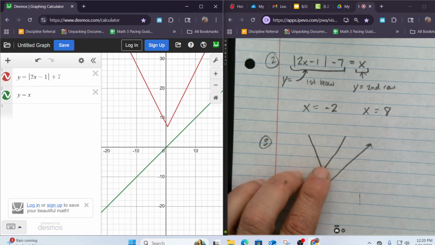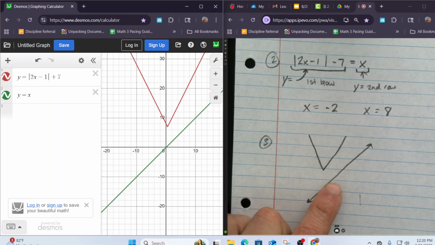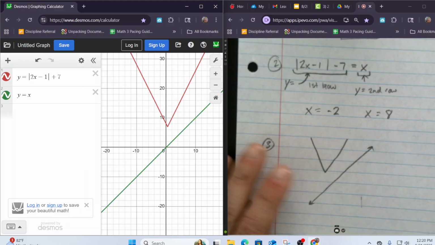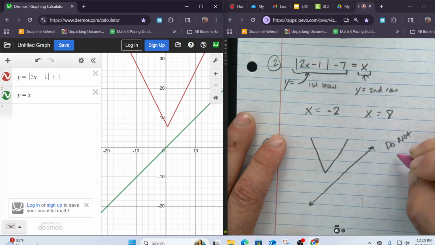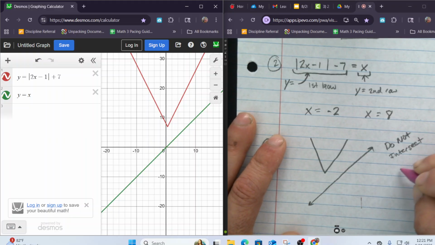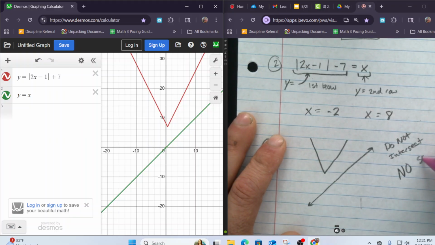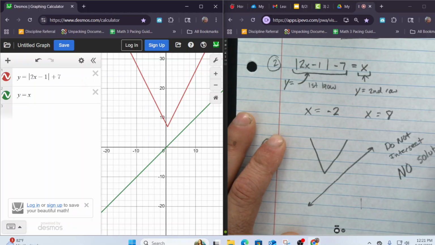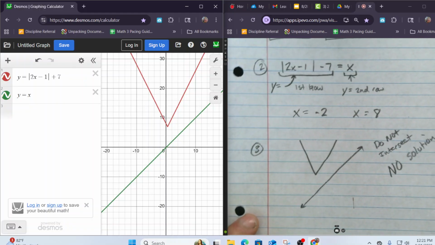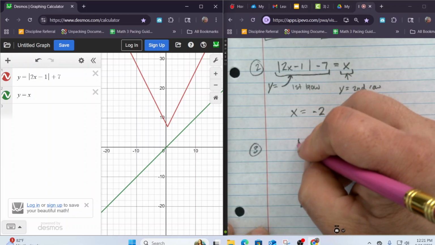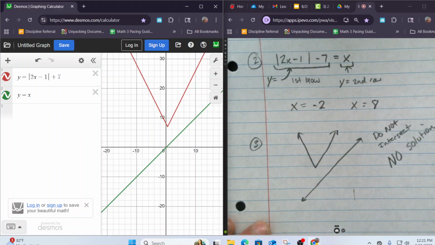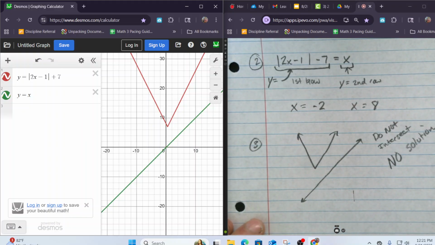If you have an absolute value and a linear equation that do not intersect, guys, I saw some on the review yesterday, so that might be on the test. Just remember, if it doesn't cross, just click no solution.